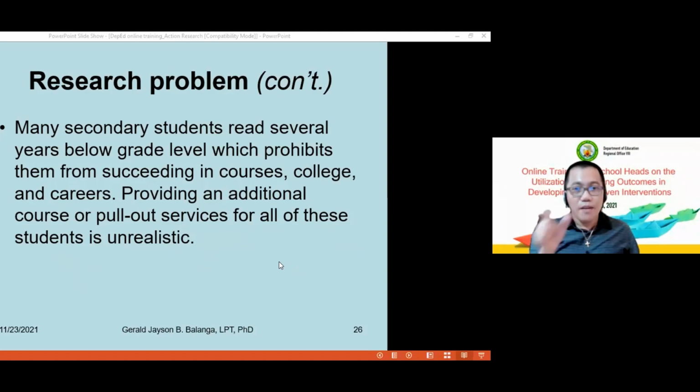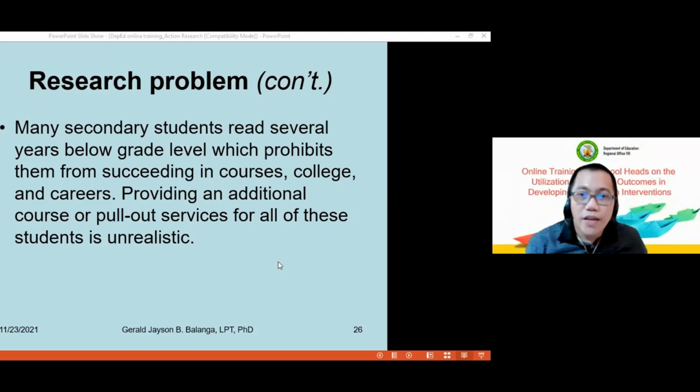And that if you provide an additional course or pull out services for all of these students, it's unrealistic. Meaning, kung mag-enroll sila sa mga tutorial programs, it could be expensive on their part, no?